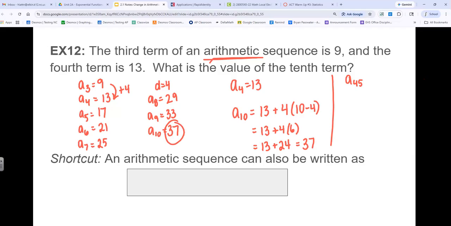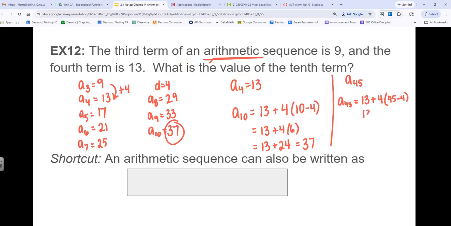Going all the way out to the 45th term would take forever. So, to find the 45th term, I could take the one I know, 13, and I know I'm going to have to add 4, 45 minus 4 times, right?